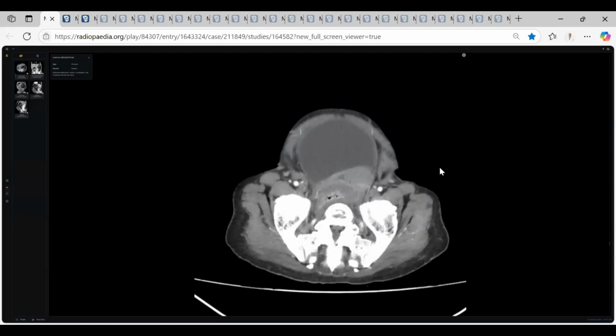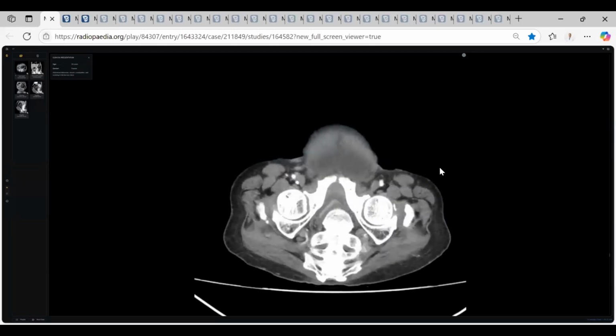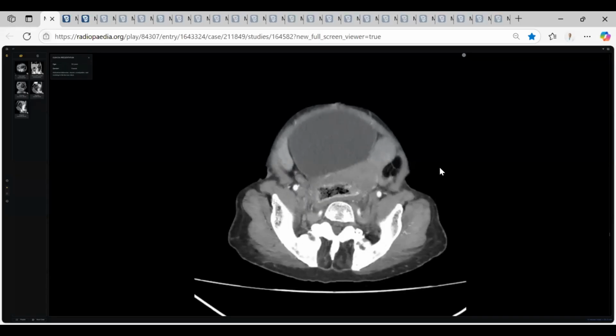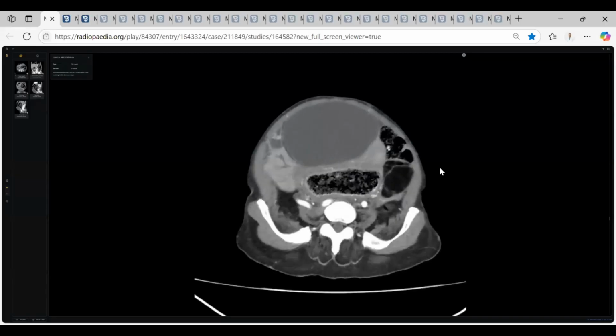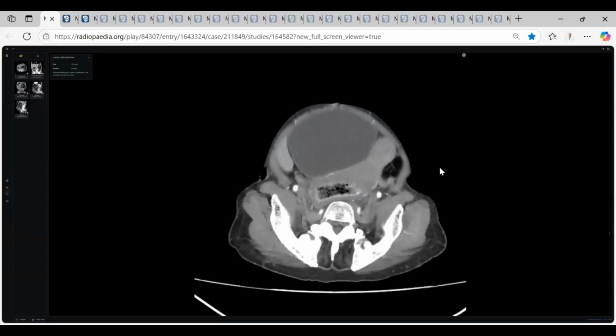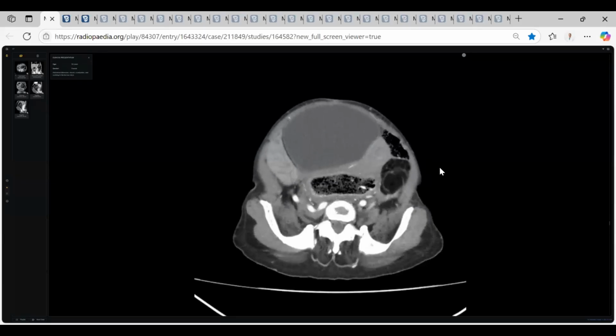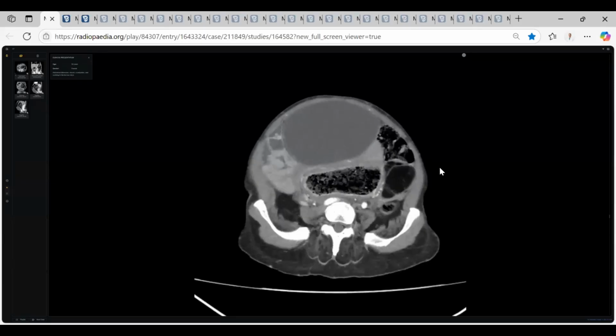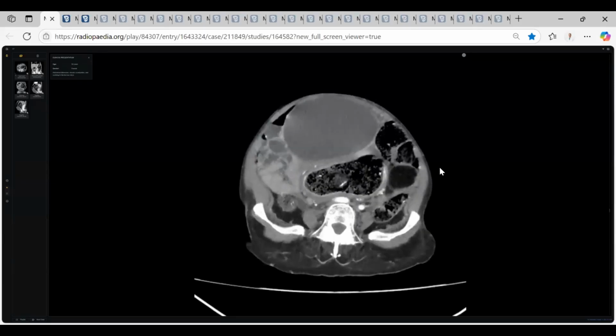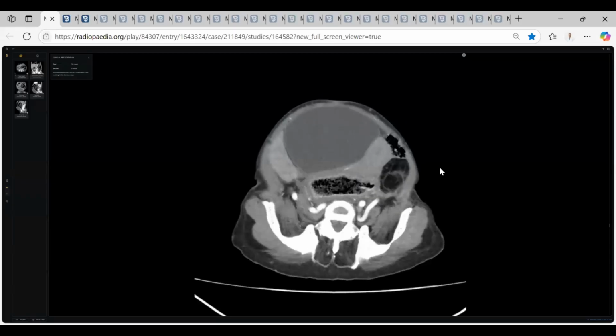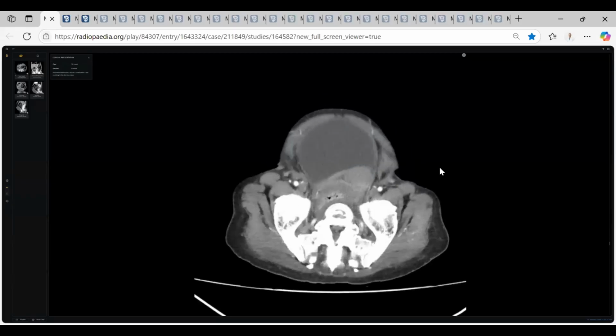Are you sure? I'm trying to scroll. Stop here. What happened here? Go down again. I'm suspecting that there is a swirl here. Not a swirl, but there is a change of caliber. Yes, go down again.